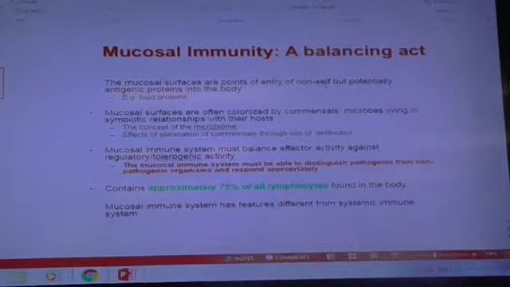We said point of entry for non-self but potentially antigenic proteins. We said food proteins, a lot of soy proteins. Some people are allergic to eggs or shrimp or even chicken in some people.